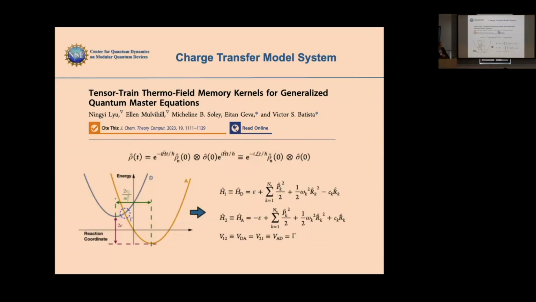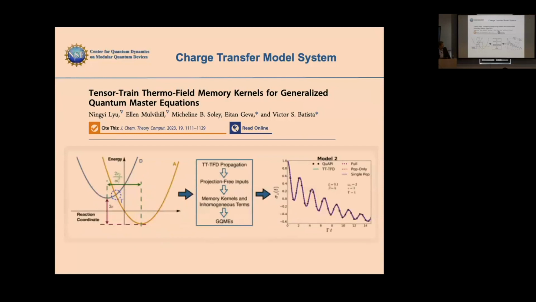Simply, this superoperator, this propagator, is matricized, and the density matrix is vectorized. So now we have matrix vector multiplication. The vector is a tensor train. The propagator is a tensor train matrix. And we evolve that initial density matrix according to this propagator. And we demonstrate that we can actually simulate the dynamics properly.